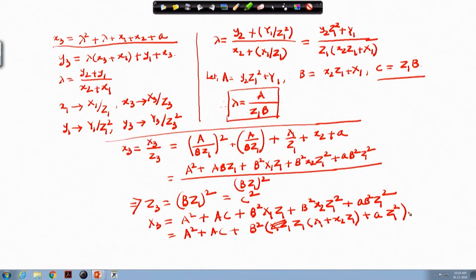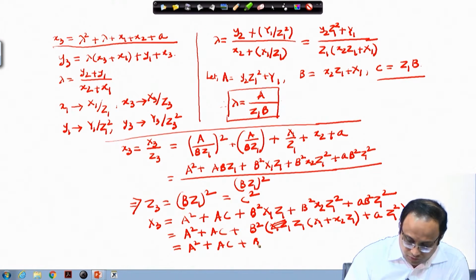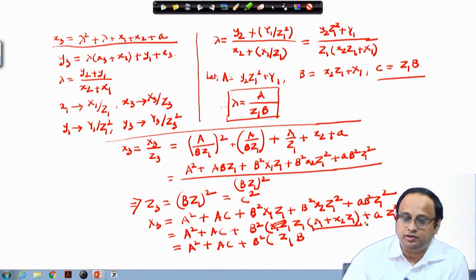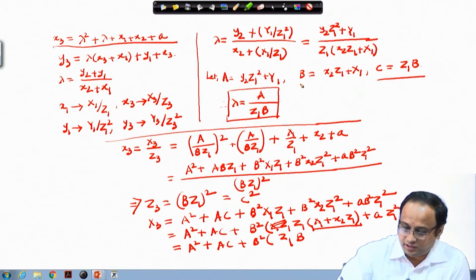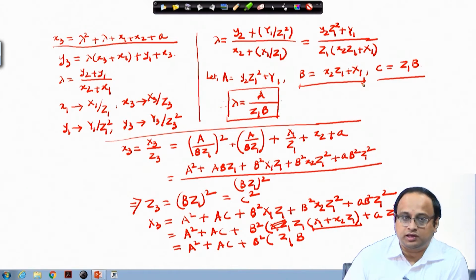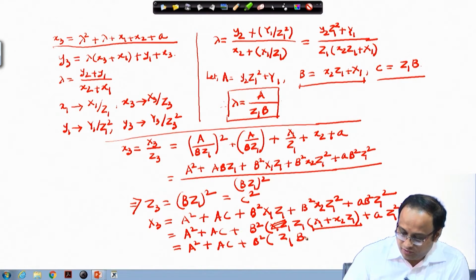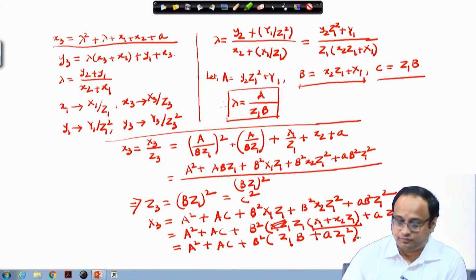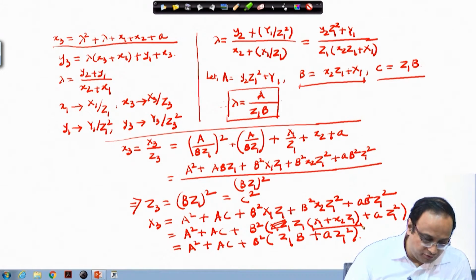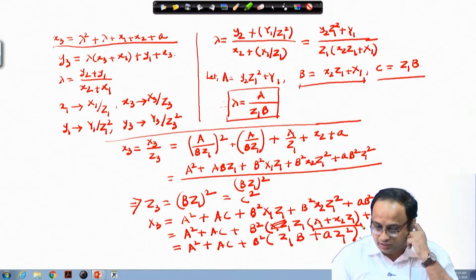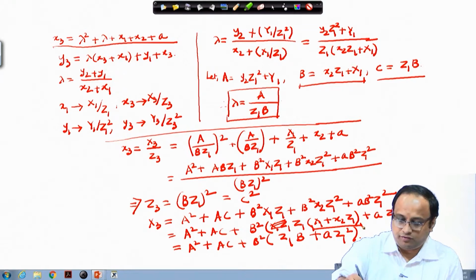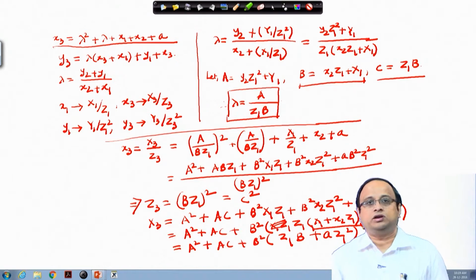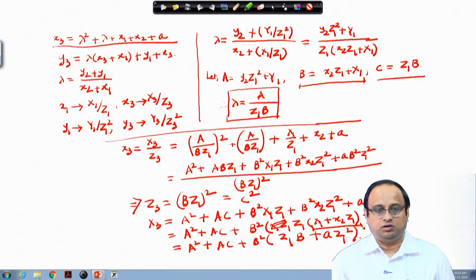This I can write again as A square plus AC plus B square into z1 B, because this part is nothing but B, as written here. So this is my capital B. I can write this as B square into (z1 B plus A z1 square). So we have a more or less compact equation, and we have to remember that these are all the intermediate steps which you are calculating when you are doing your addition operation.